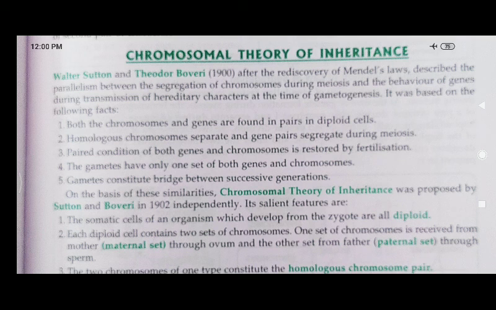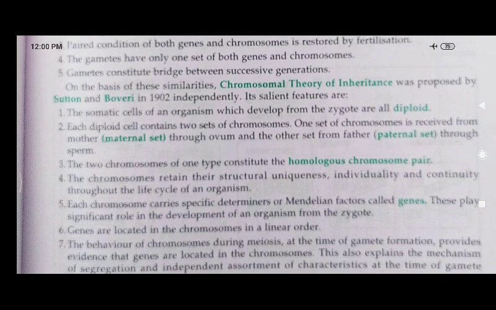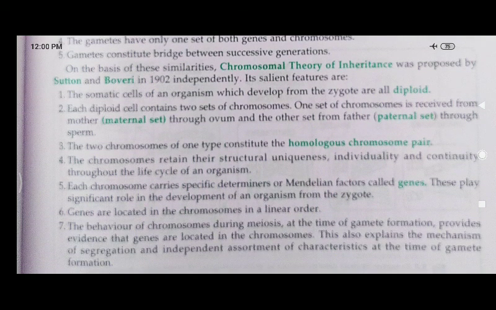Then throughout the life of the individual, chromosomes retain their individuality and structural uniqueness. Each chromosome carries specific genes which play an important role in determining the characters of the organism.